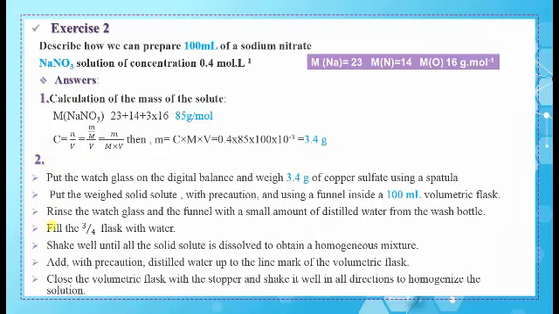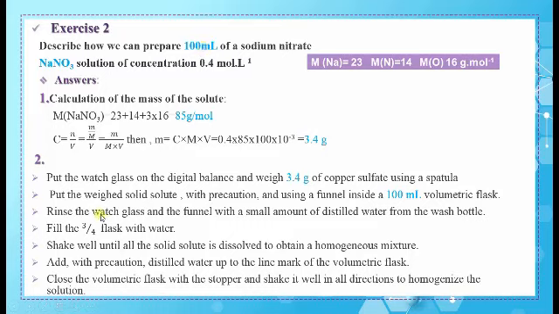So we put the watch glass on the digital balance and weigh 3.4 grams of sodium nitrate using a spatula. Put the weighed solid solute with precaution using a funnel inside a 100 milliliter volumetric flask, because we have to prepare 100 milliliters of sodium nitrate solution.